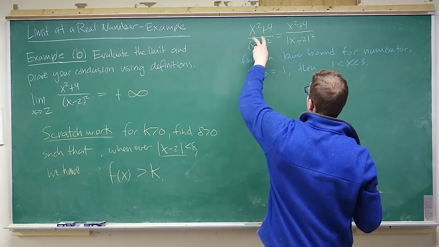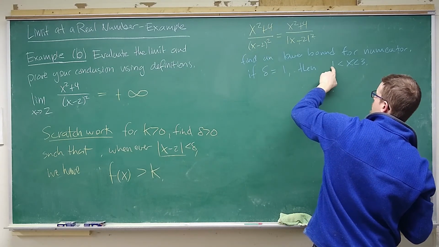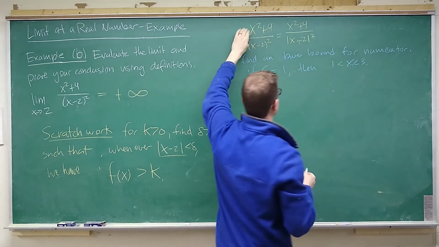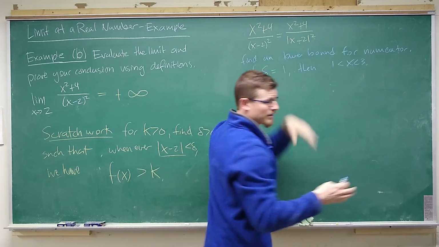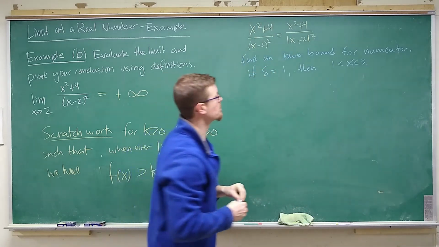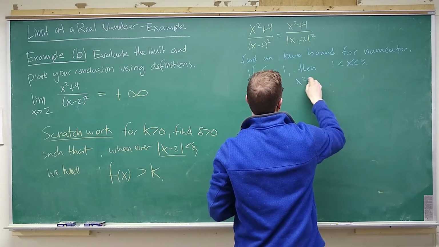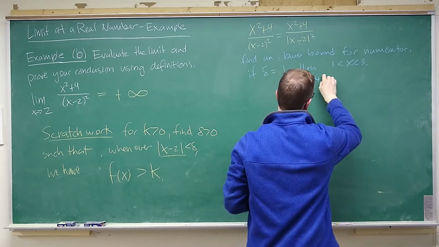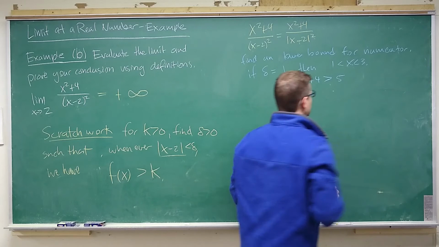So if I look at our numerator and look at the smallest possible value for the numerator, that occurs when x is equal to 1. Whatever technique you'd like to use there would be perfectly fine. So we have that x squared plus 4 is always going to be greater than 5.